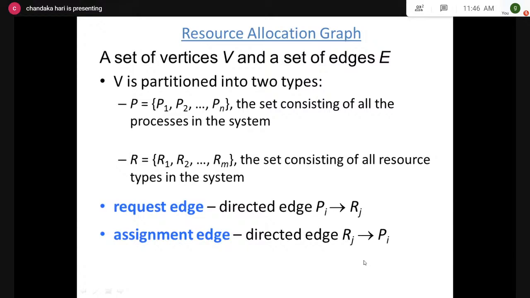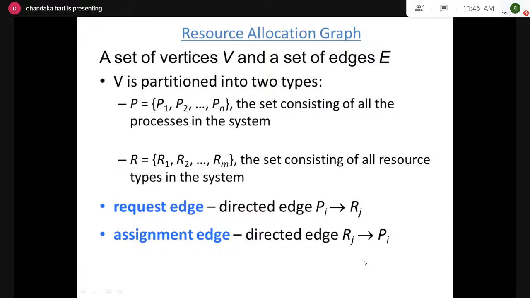And the second kind of edge is the assignment edge. Rj to Pi implies that the resource Rj has already been allocated to process Pi. These are the only two kinds of edges. This is purely a directed graph, a diagram where all the edges are directed.